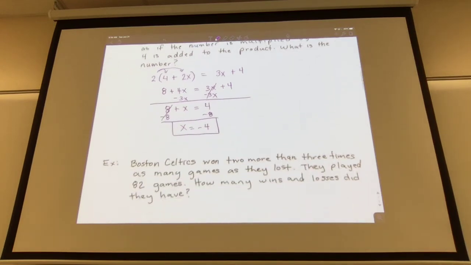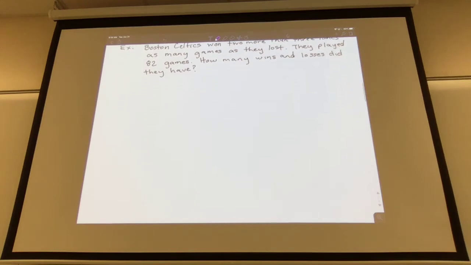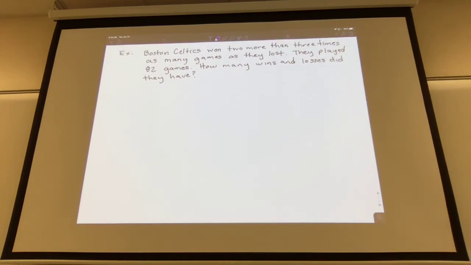So let's look at our next one. Boston Celtics won 2 more than 3 times as many games as they lost. They played 82 games. How many wins and how many losses?